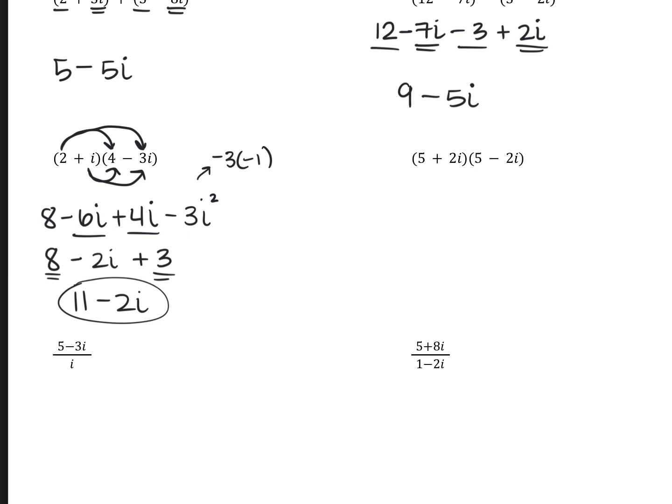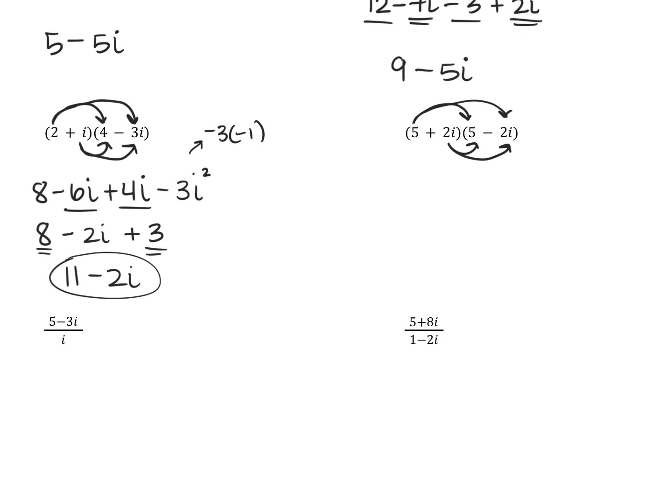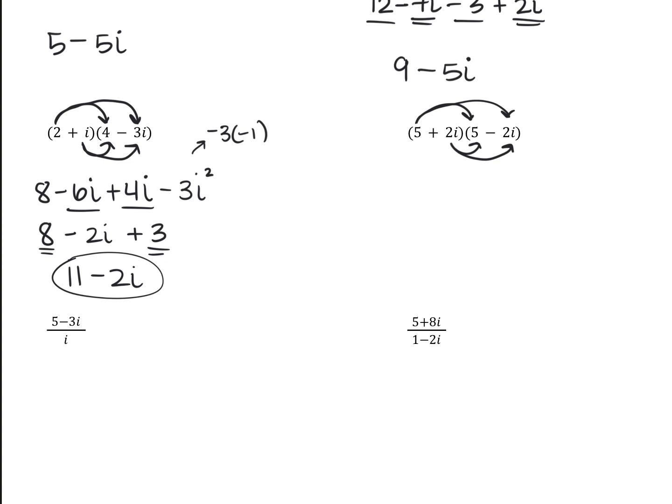Okay. Now I have 5 plus 2i times 5 minus 2i. So again, everything in the first set of parentheses multiplies to everything in the second. So 5 times 5 is 25. 5 times negative 2i is negative 10i. 2i times 5 is positive 10i.